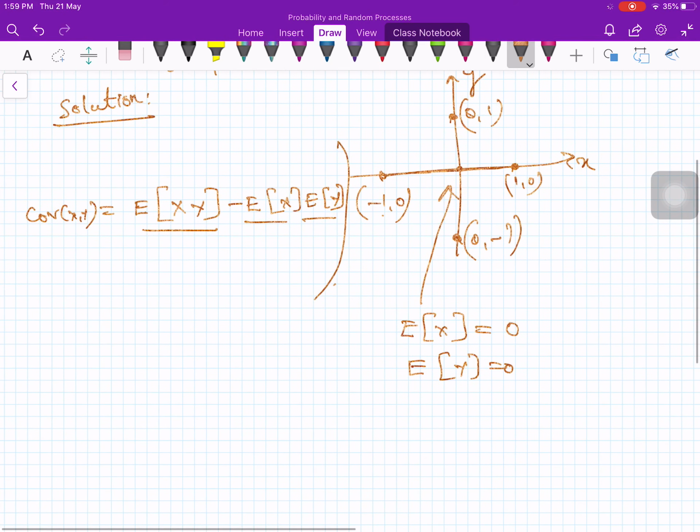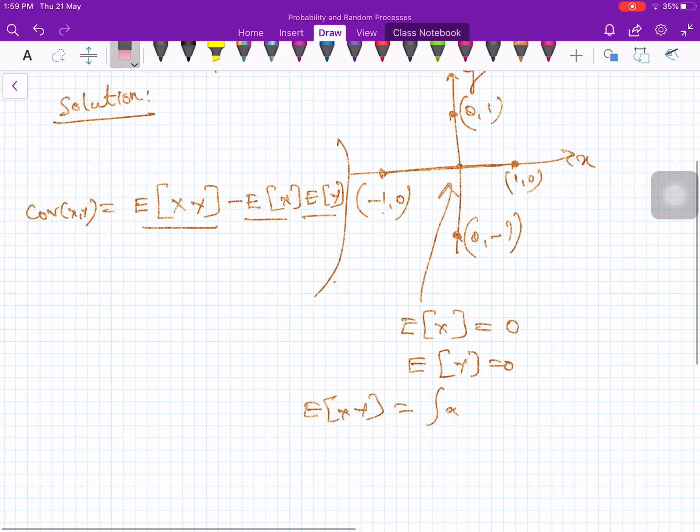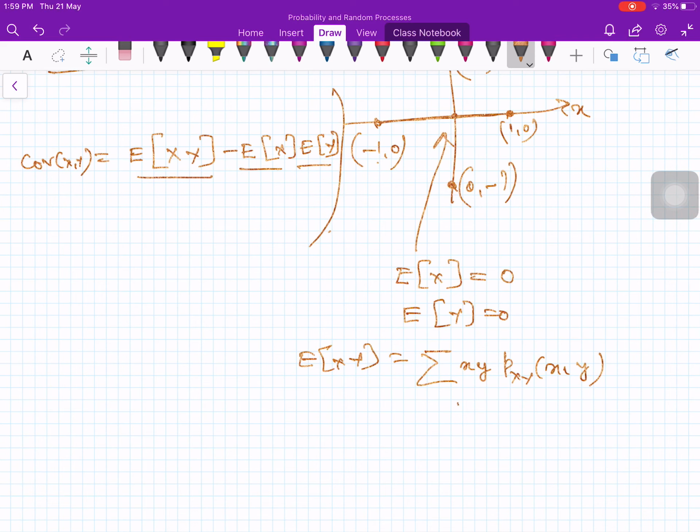Now E of XY: by definition, since it is discrete, I use the summation of xy times the joint probability mass function P of x, y. Look at the points: either you have (0, 1) or (1, 0), (0, -1) or (-1, 0).